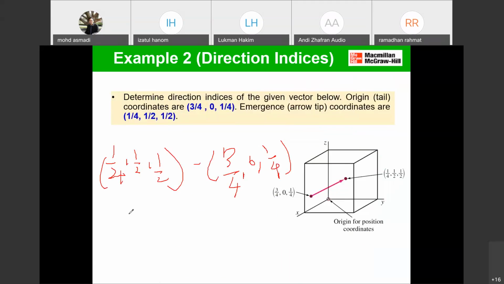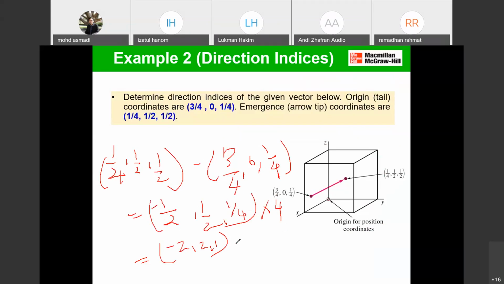So the answer is negative 1/2, 1/2 and 1/4. Since we want the answer in integers, we have to multiply with 4. So we can get negative 2, 2, and 1.